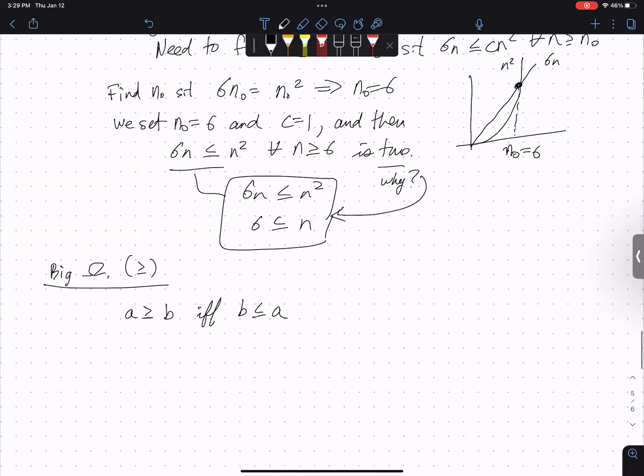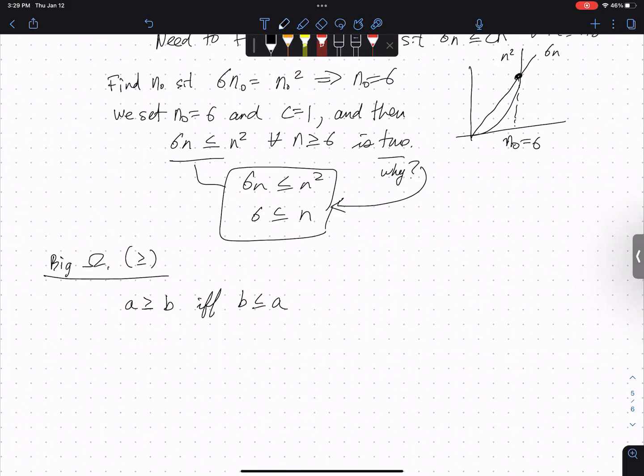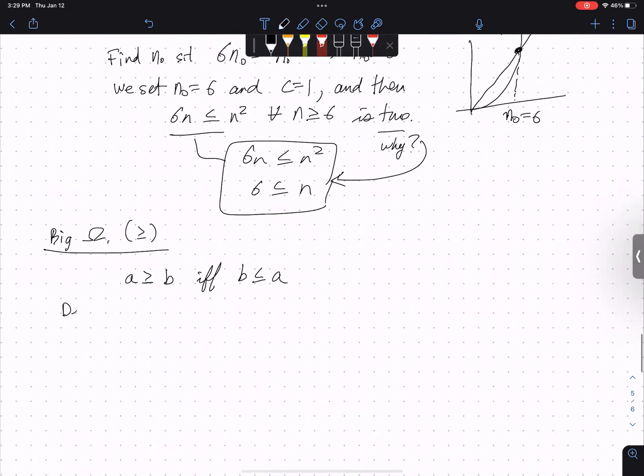It's so trivial you probably don't even think about it, but if no one knew the definition of this symbol, you could define it in terms of this symbol. And that's exactly what we're going to do with big omega. So the definition: f is big omega of g if and only if g is big O of f.